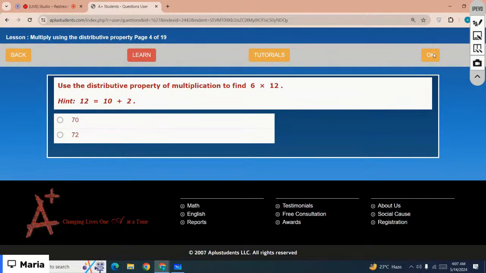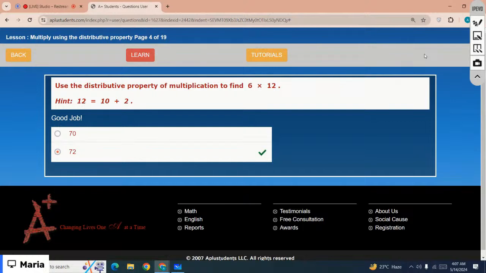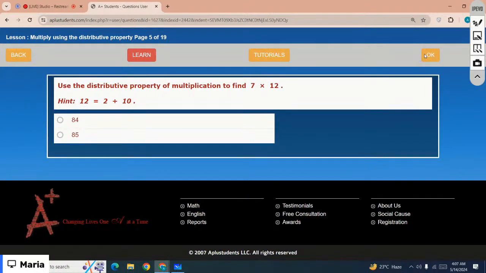So use the distributive property to find the answer to 6 times 12. The correct option is 72. It is 12 times 6 is 72. The correct option is 72. Okay, the next one is 7 times 12 equals.